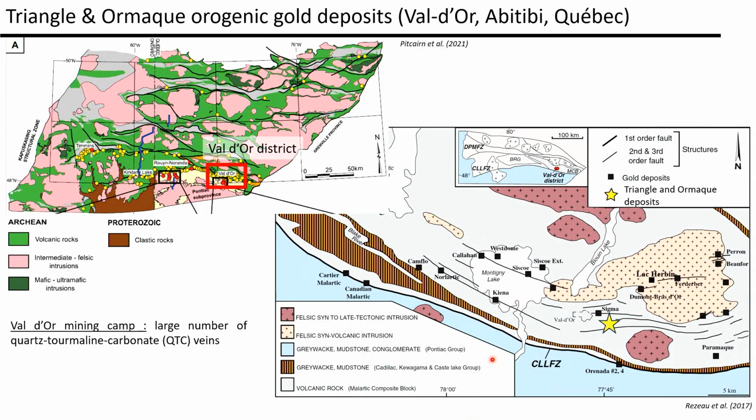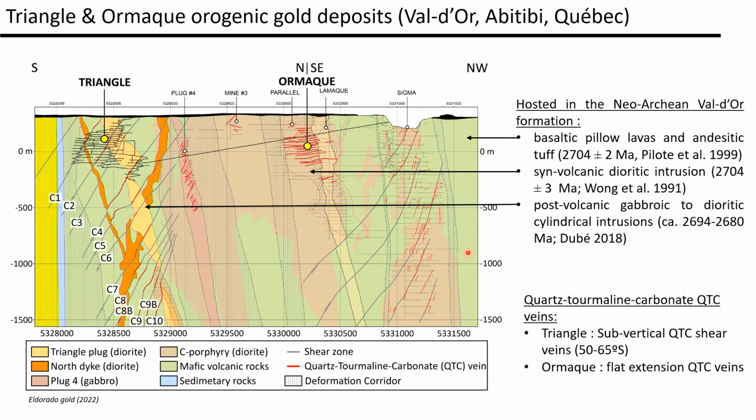Most of the gold is hosted in quartz-tourmaline-carbonate veins, which I will call QTC veins for the rest of the presentation. So here you have a cross-section of the Triangle and Ormaque deposits.